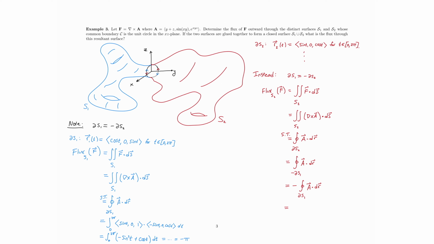So we know what this is. This right here is the flux of the vector field F through S1, which we found right here. This is equal to negative pi. So that means this is equal to negative negative pi, which is pi.